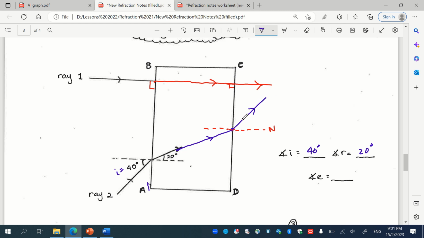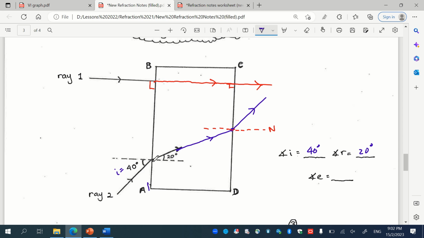When we put the ruler straight and project backward, it must also be parallel to the incident ray here. This must happen because these two surfaces AB and CD are parallel. So I repeat, when you draw this emergent ray bending away from the normal line, if I put the ruler and extend backward, it must be parallel to this incident ray.